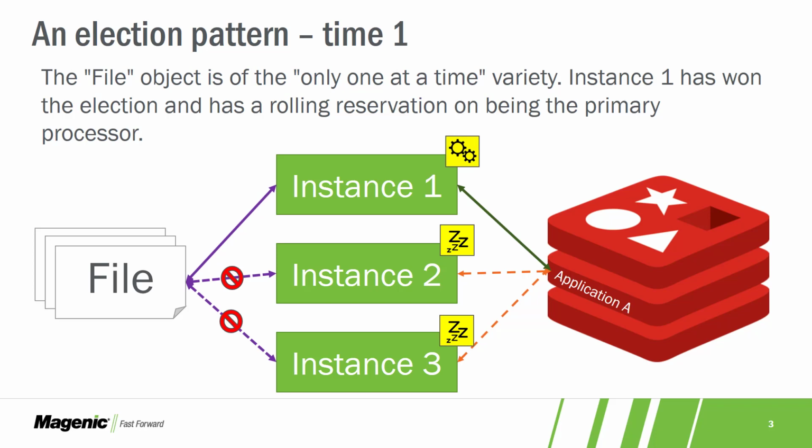The other ones check and they immediately bounce. They don't have the primary role. So they're in a non-primary or secondary role, and hence they do nothing.